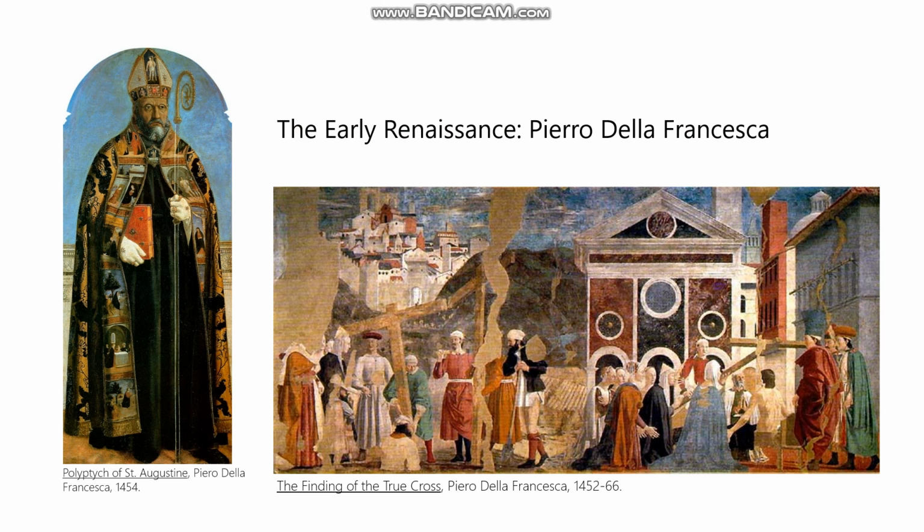And we get to Piero della Francesca, who is one of my favorite painters, and I think hopefully you can see that similarity I find between him and Giotto. They're very different in many ways.